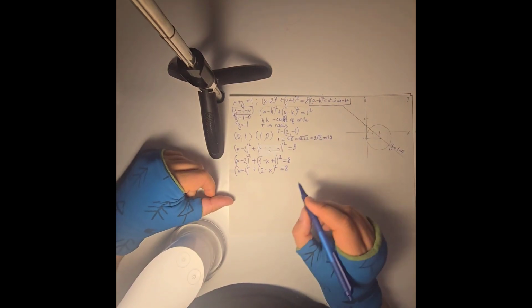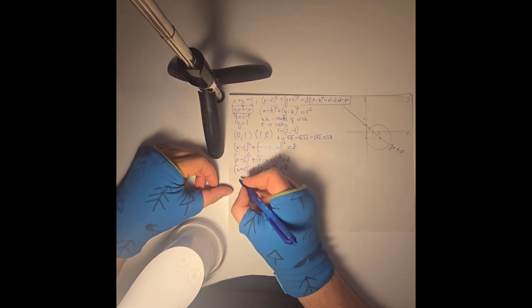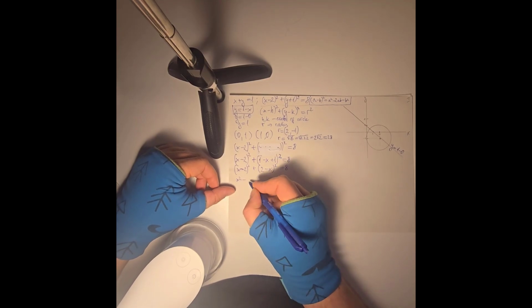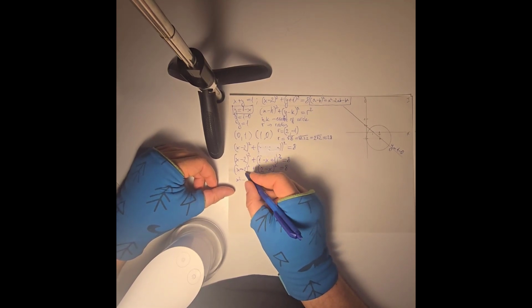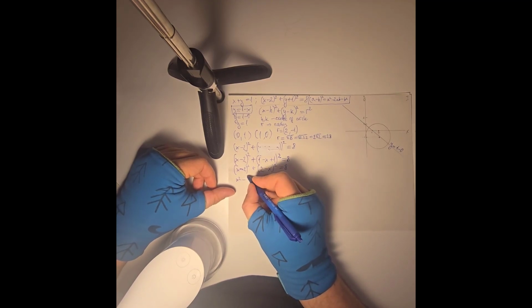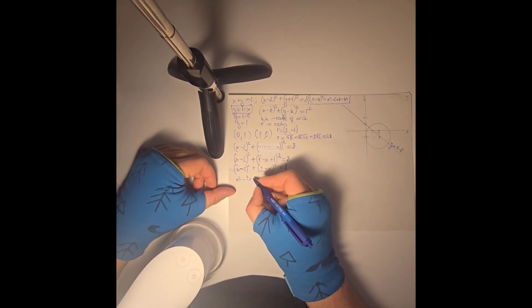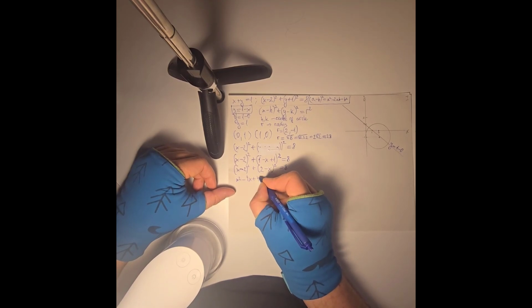Okay, and let's solve it with this one. x squared minus 2 times x times 2, so it's minus 4x plus 4.